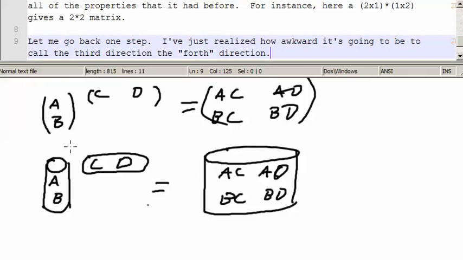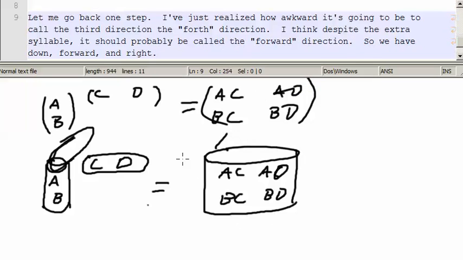Let me go back one step. I've just realized how awkward it's going to be to call the third direction the fourth direction. Despite the extra syllable, I think it should be called the forward direction. So we have down, forward, and right.